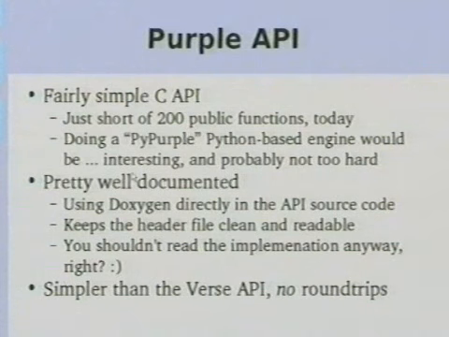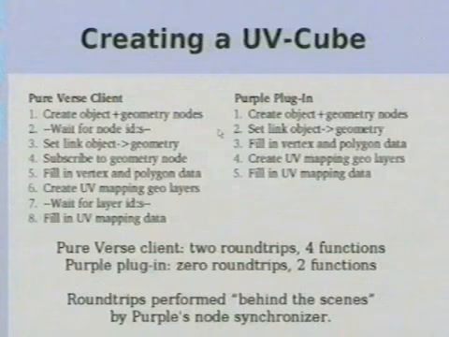And one thing with the Purple API is that it's far simpler than the Verse API, since the Purple engine sits there and covers your back a bit. It prevents you from all the round trips. Here's an example. If you were to code a cube, to send up the data that represents a cube, on the left, you can see the steps necessary to do it with the plain verse API.